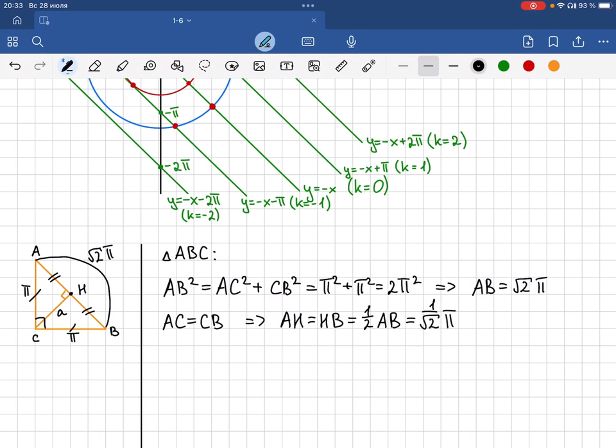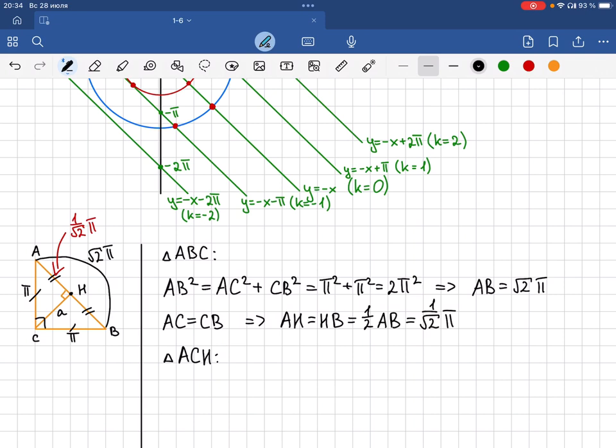Now let's focus on one of the smaller triangles, for example, ACH. We know that this side AH is 1 divided by square root of 2 times pi.